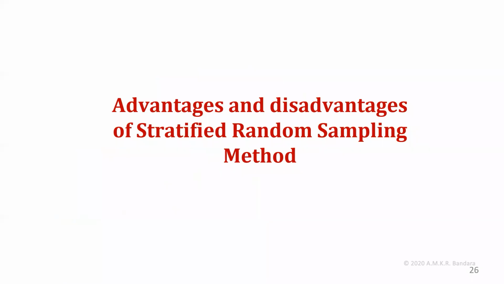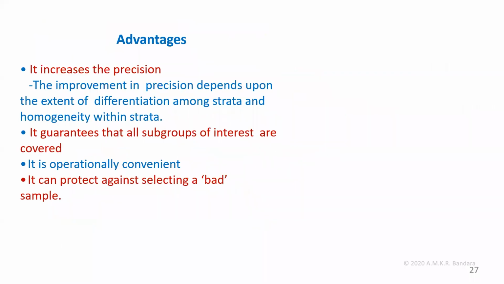So, the advantages and disadvantages of this stratified random sampling. Advantage, it increases the precision. If we implement simple random sampling when another variable is affecting our variable of interest, our result will not be precise.